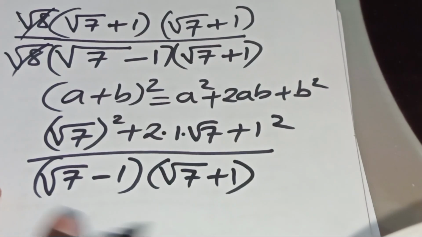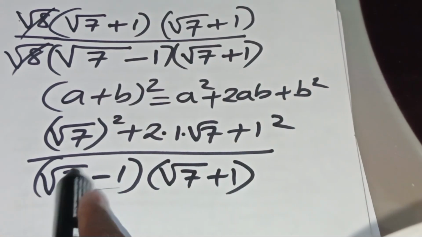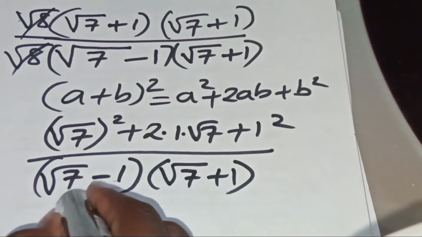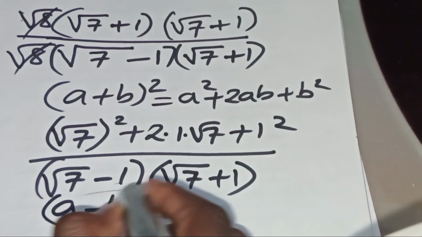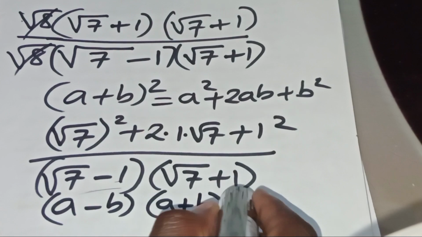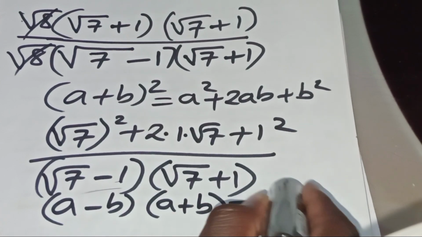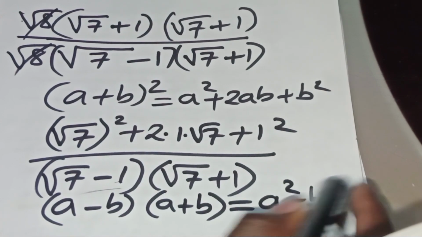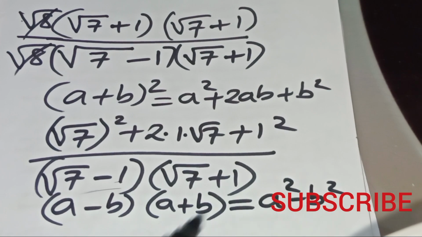Now in the denominator here, the square root of 7 minus 1 times the square root of 7 plus 1 is in the form of a minus b, a plus b, which is the difference of two squares, which we can express as a squared minus b squared. So let's apply this property.